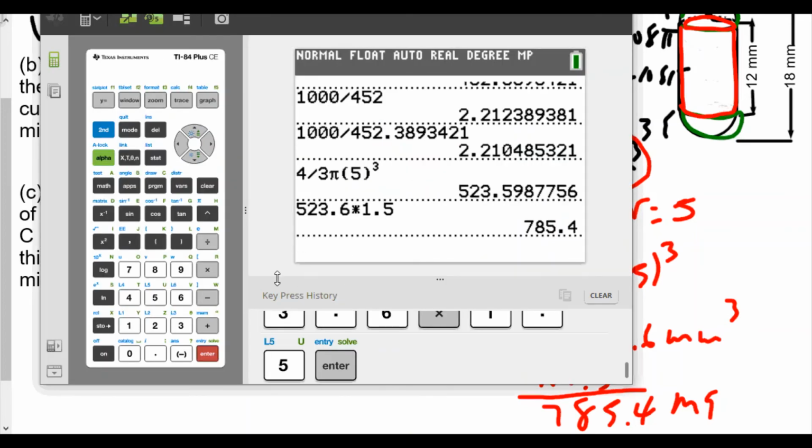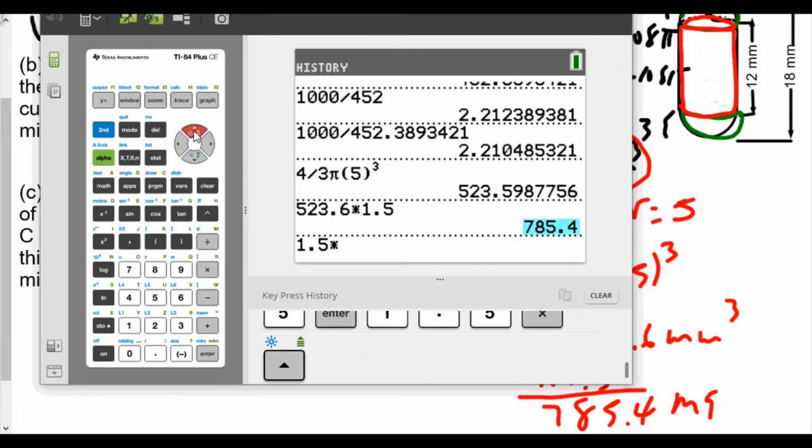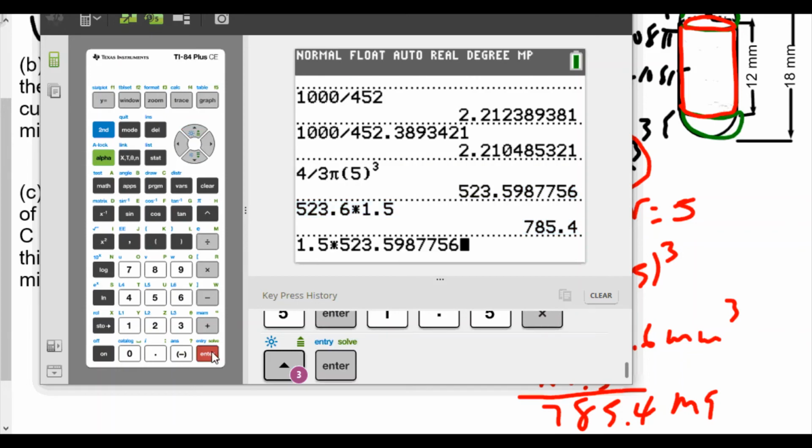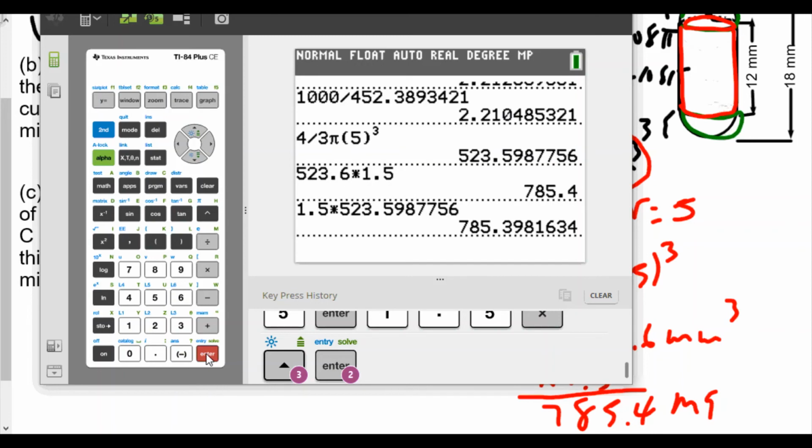So instead, we would do 1.5, but now we're going to multiply by our value here, and enter. Again, we round off, we're still going to get 785.4. So we are good with this number, okay?